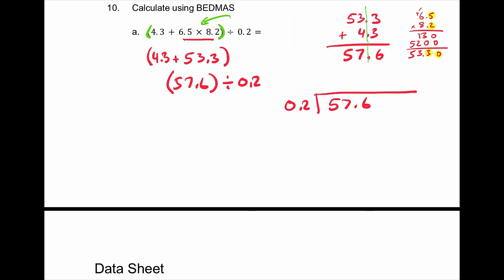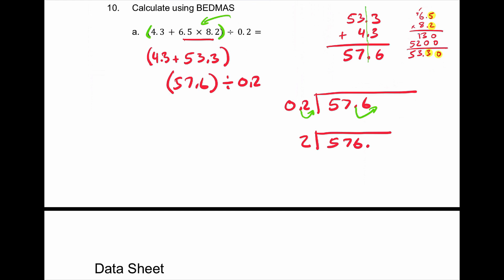So I'm going to multiply by 10, which is essentially moving the decimal to the right one position. If that moves to the right one position, then this number here also needs to move one position. So when I rewrite this, it's going to be 2 divides into 576, and the decimal is at the end there.